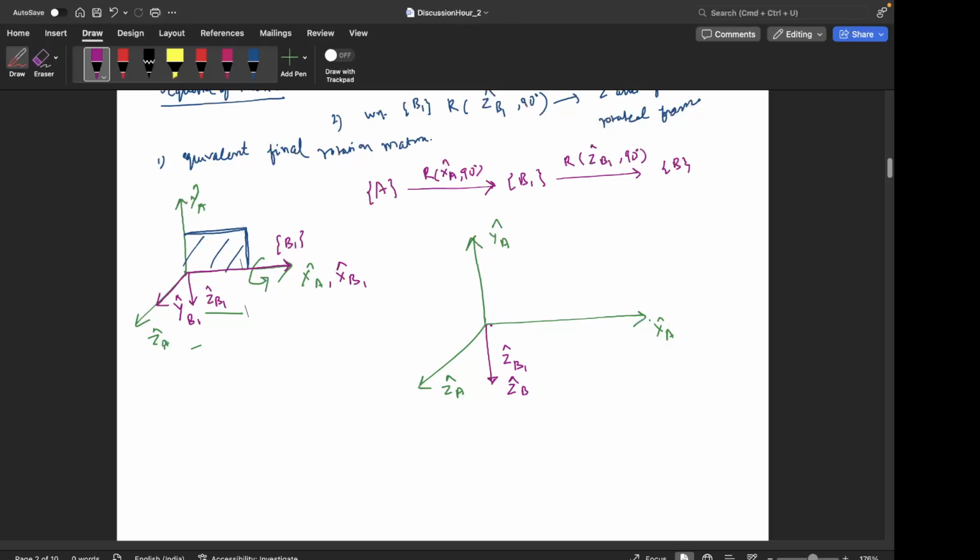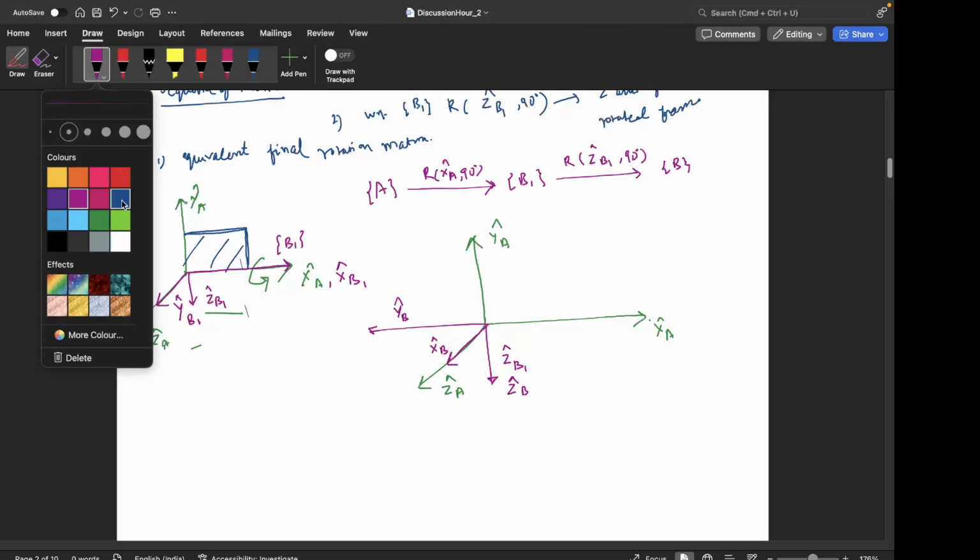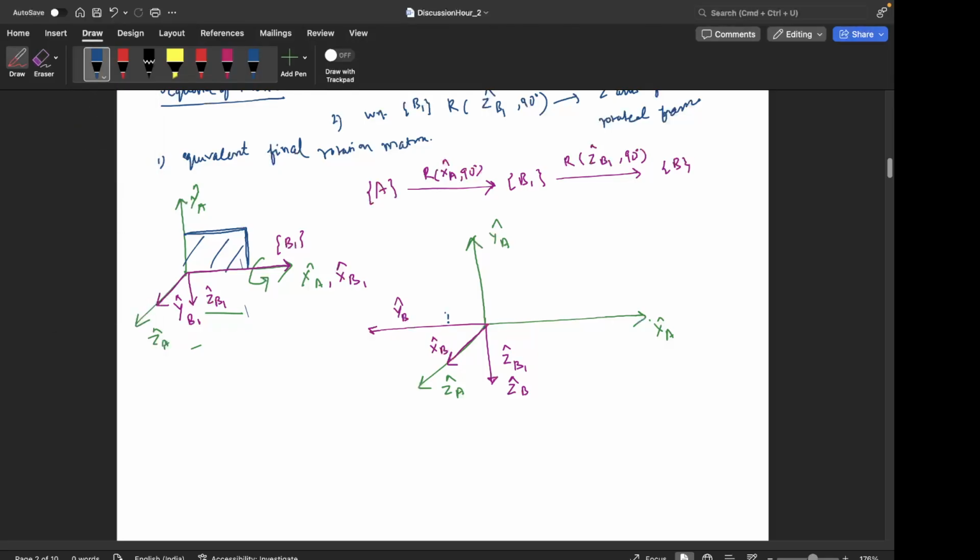And if you imagine you are rotating about like this, then the X of this B frame would come here, and the Y would go this side. Okay, please try to keep up and imagine with me. And the plate would be somewhere here.